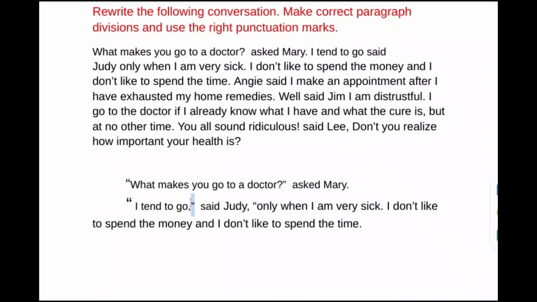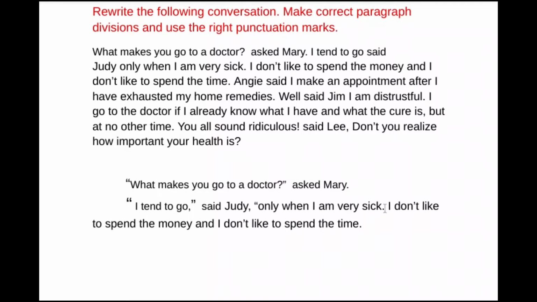Let's increase the size of this so that you can see it. I tend to go. There's a comma after that go. Said Judy. There's another comma and a small o because she's continuing her conversation. I tend to go, said Judy, only when I'm very sick. There's no need to put quotation marks.